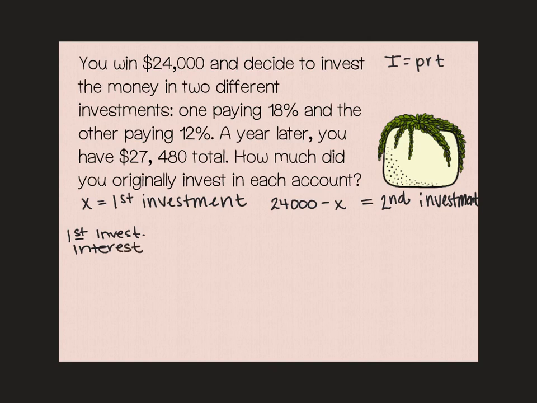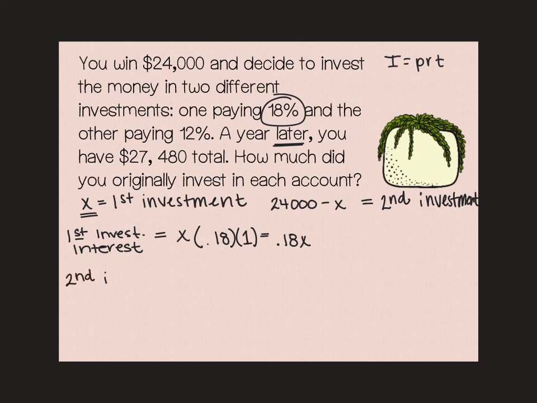My interest equation would equal the principal amount that I am investing, so that was X, times the rate, using the first one I see, which needs to be written as a decimal, so 0.18, and then time, a year later, so a year would be 1. And then I'm going to simplify this to be 0.18x.